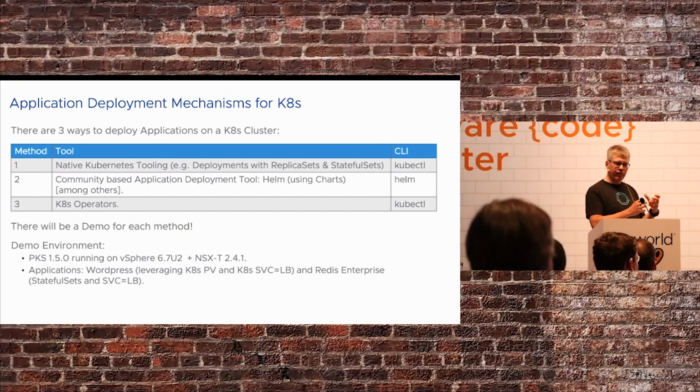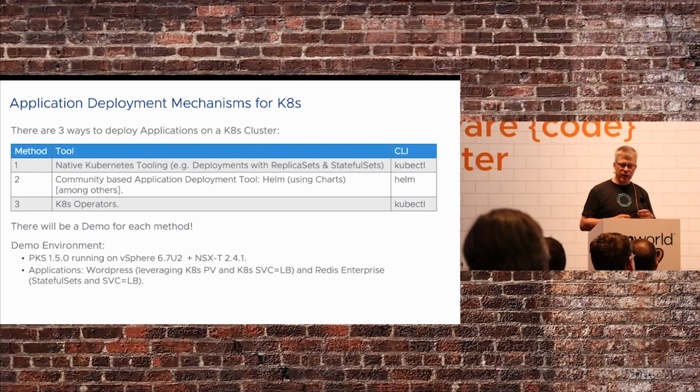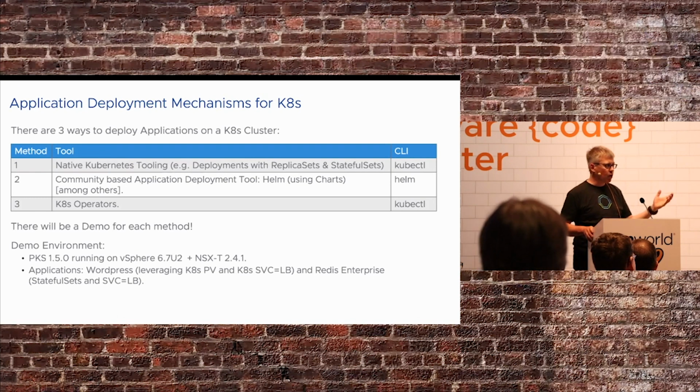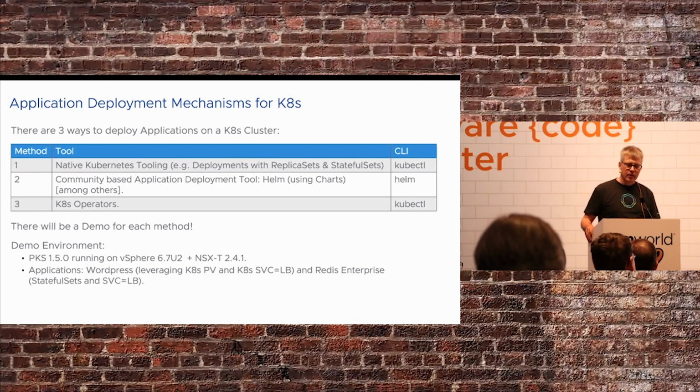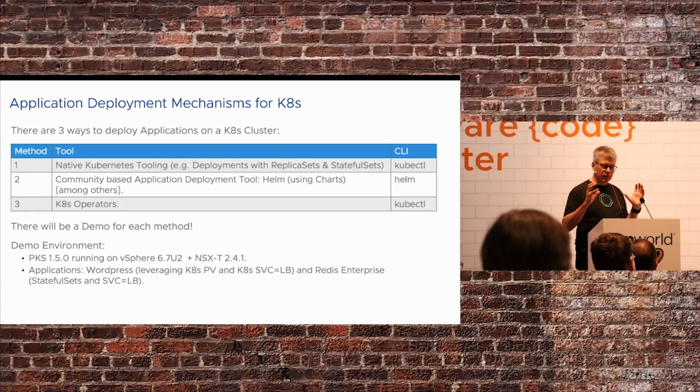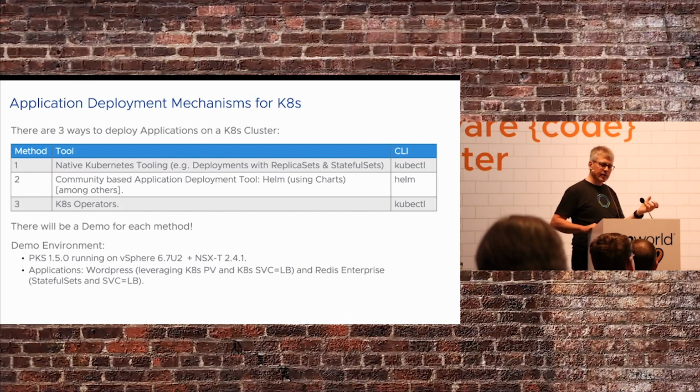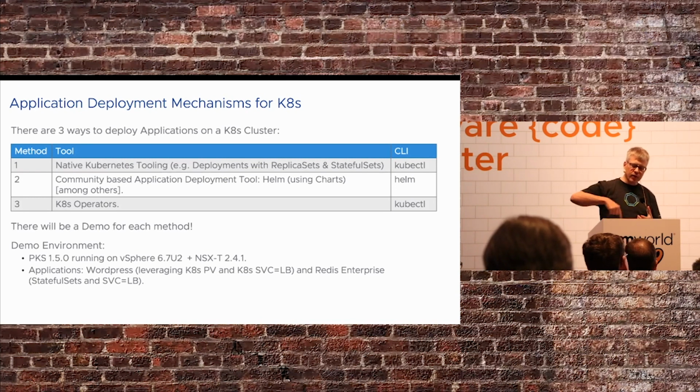You give it a YAML file to create resources, which can be whatever you want: a deployment, a replica set, a persistent volume, a secret, whatever. There are tons and tons of resources, and you send this YAML file, and the API server saves that, and you have a desired state, and the controllers make sure that the desired state is realized.